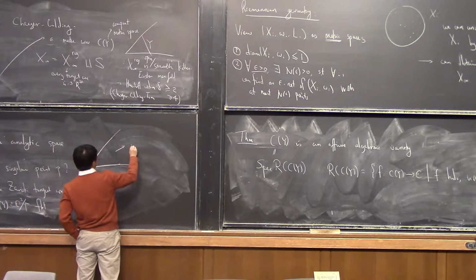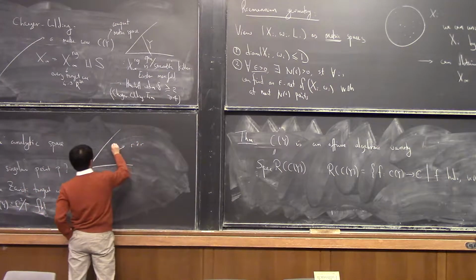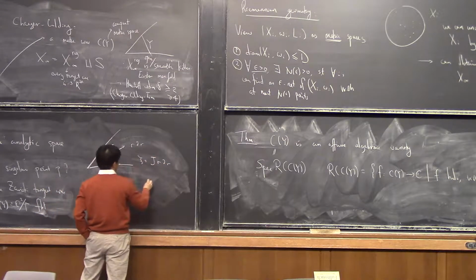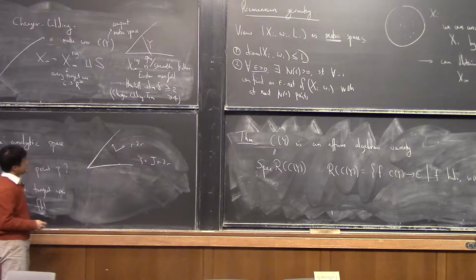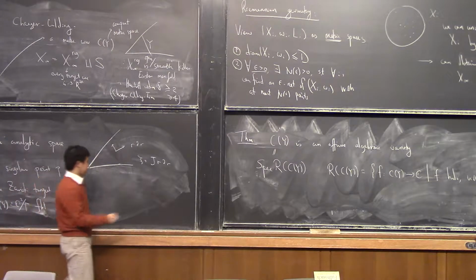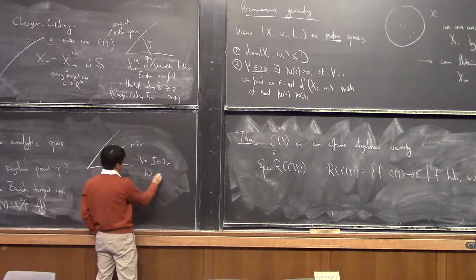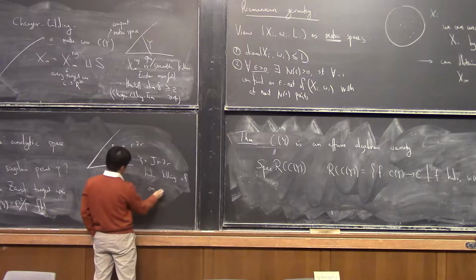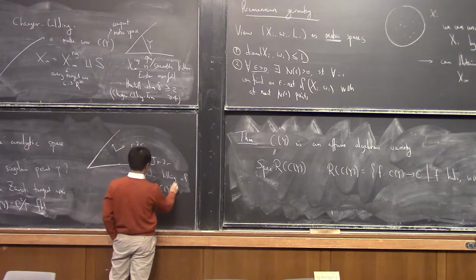There's a radial direction r d/dr, and if you rotate by J, by the complex structure, you get a holomorphic Killing field on the regular part of the tangent cone.